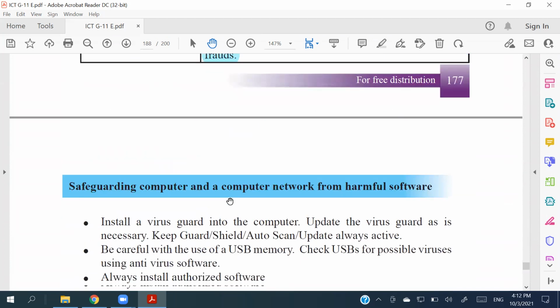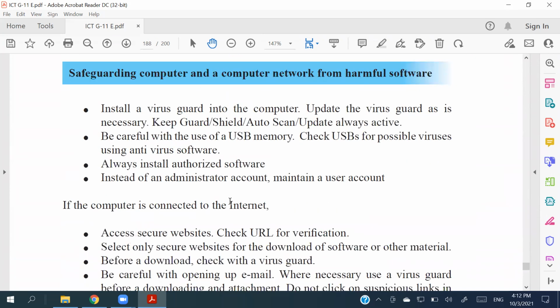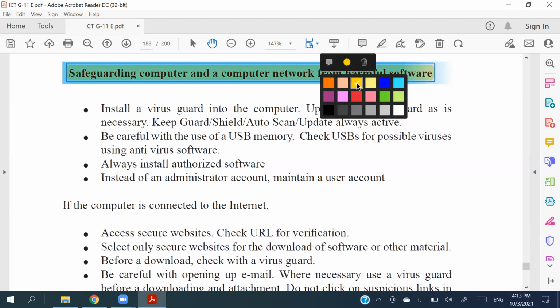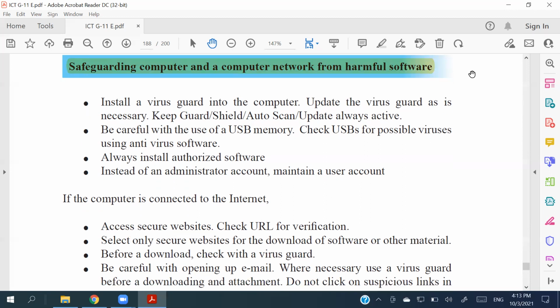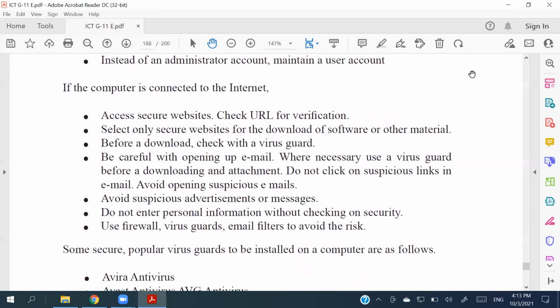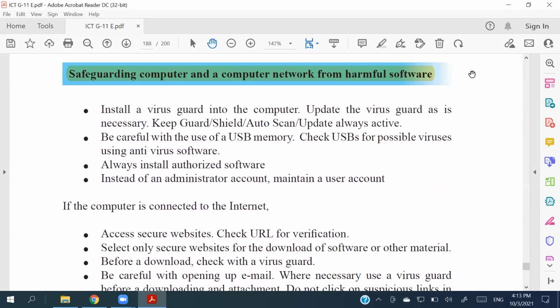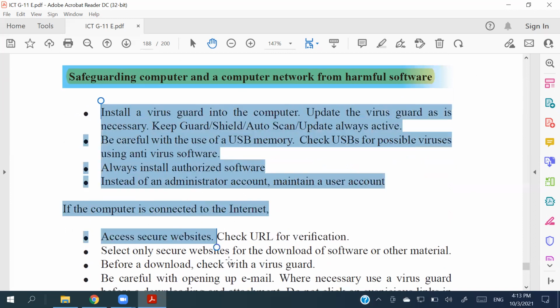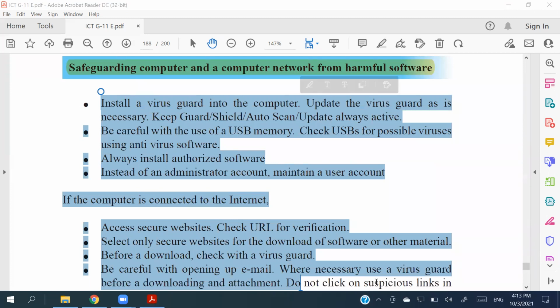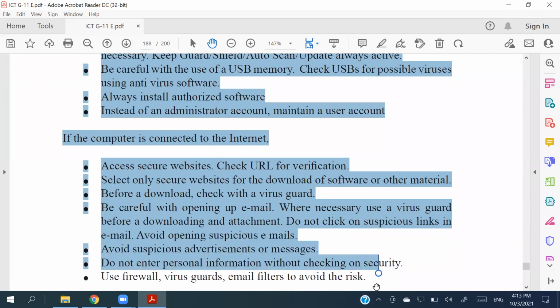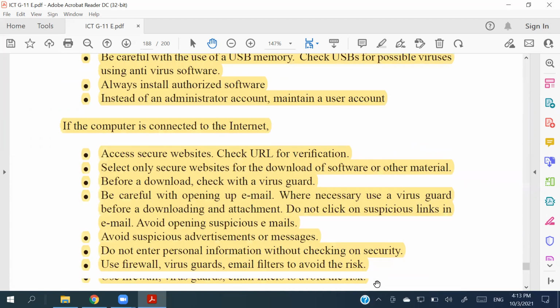Okay, let's quickly write that down, people. Have the heading safeguarding computer and computer networks. You have to write the entire list. People, can we keep it as homework, so we will be able to proceed sooner, right? Please keep it as homework.